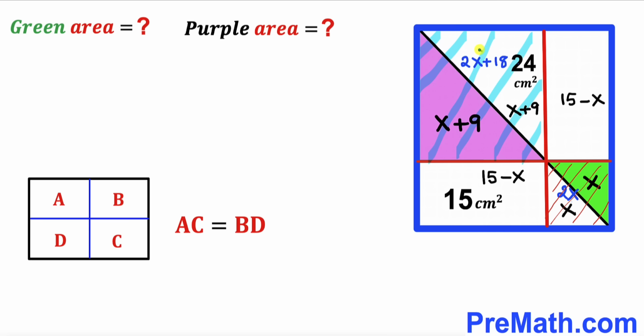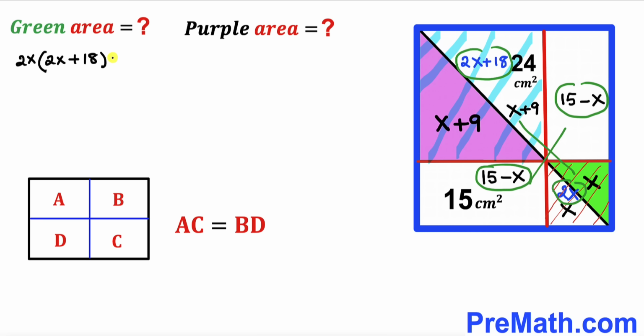So therefore we are going to apply this concept on this given problem. So we can write this area times this opposite area, 2x, should be equal to 15 minus x times 15 minus x. In other words, we are going to crisscross. So I can write 2 times x and then times 2x plus 18 is going to be equal to 15 minus x, and then times 15 minus x as well.